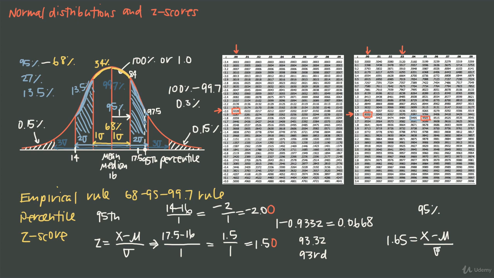So if I just plug in for mean and standard deviation, I would then be able to solve this equation for x, and I would know exactly what score I have to get in order to be in the 95th percentile, in order to be better than 95% of test takers. And so that's an example of how we would use the z-table in the opposite way, or working backwards, where we find a percentile or a value that's in the body of the table, and then look to find the associated z-score by following this across to the beginning of the row or to the top of the column.